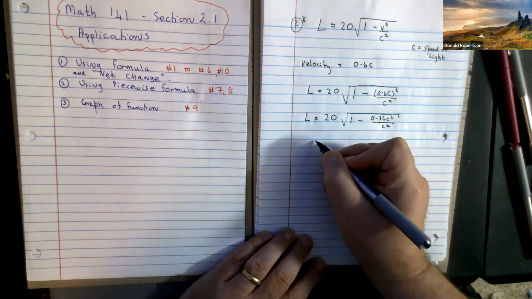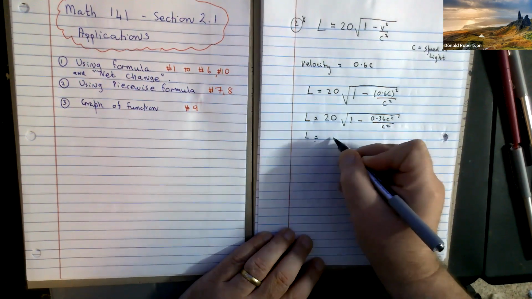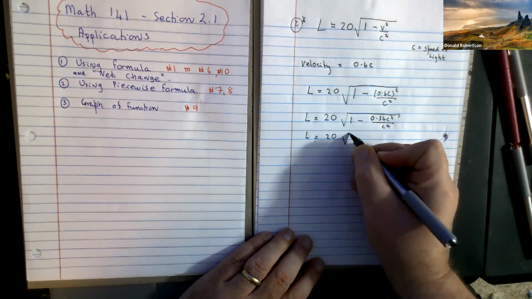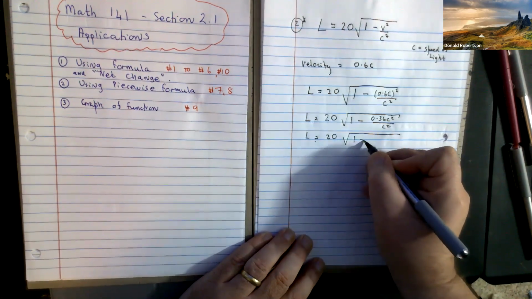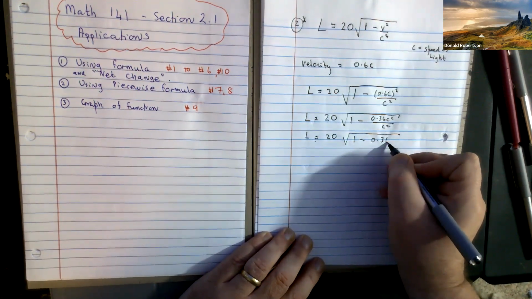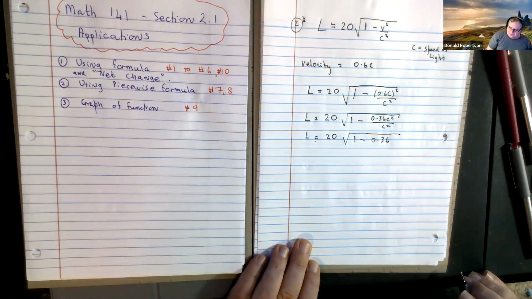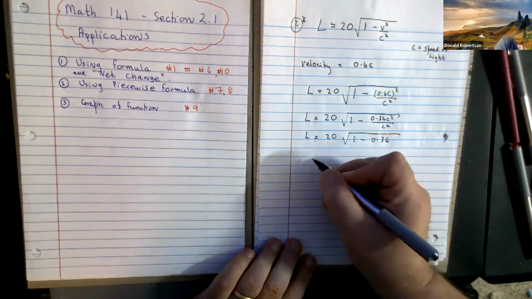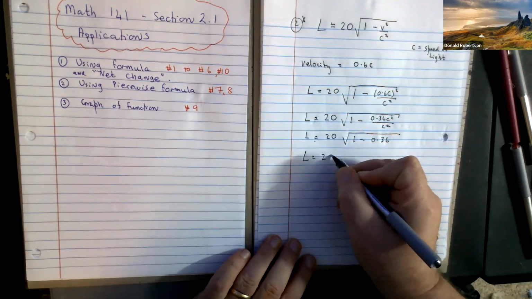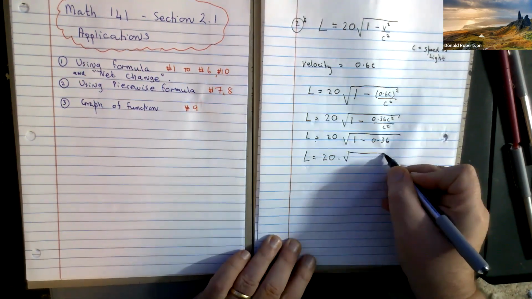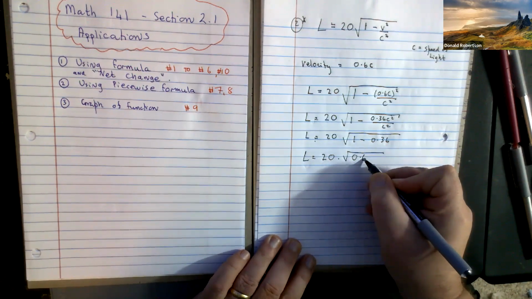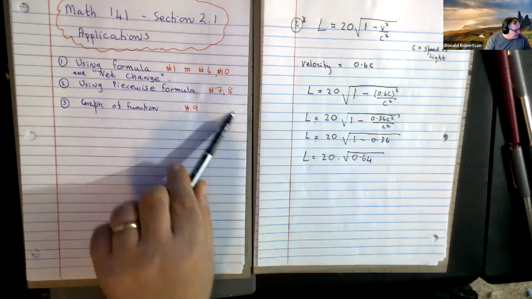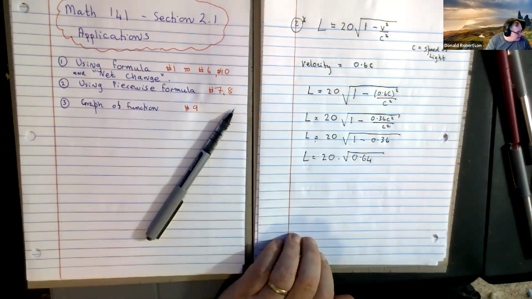And something really cool happens. Do you notice that c, the speed of light, gets cancelled out and you're just left with a decimal? That cancels with that. And now you have 20 times the square root of 0.64. And at this point, I'd probably go for my calculator and just type that in.